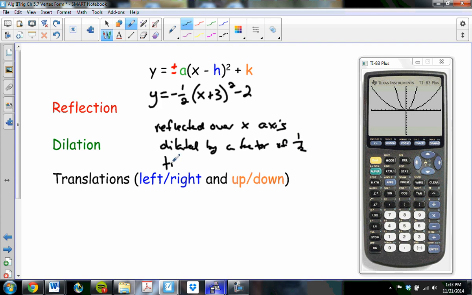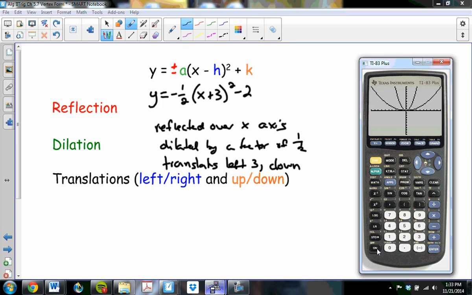Then it translates left 3 and down 2. Please don't say over 3. That doesn't mean anything. And all those transformations take place to the parent function. So I'll type in negative 1/2 (x plus 3) squared minus 2. And we can compare the parent function to the new one. It was reflected, it was moved left 3 down 2, it had been dilated. It's opening up a little bit wider than the first one was.